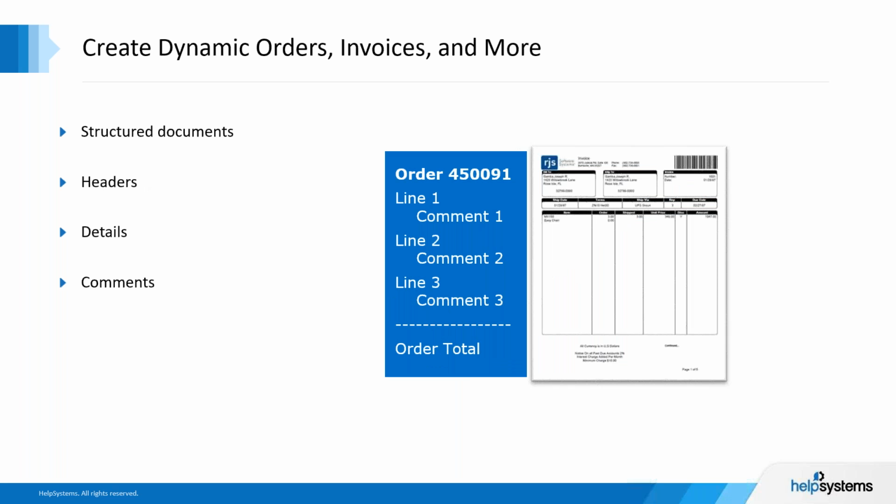When you start moving away from using spool file documents as form data sources to use databases, you can build very dynamic structured documents such as orders, invoices, shipping documents, and more. A document can be built dynamically, much like the layers of a sandwich.